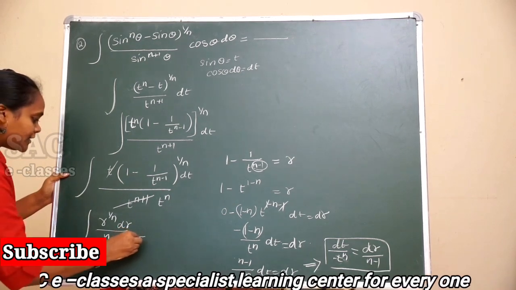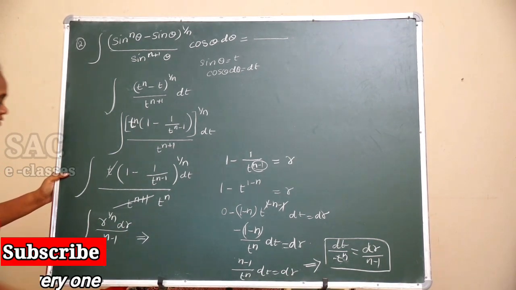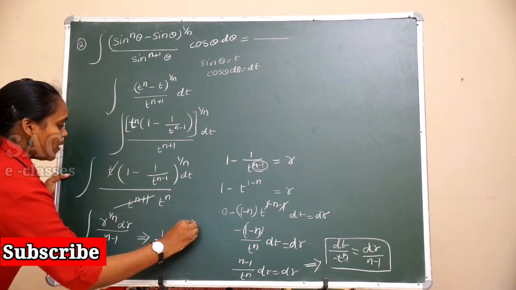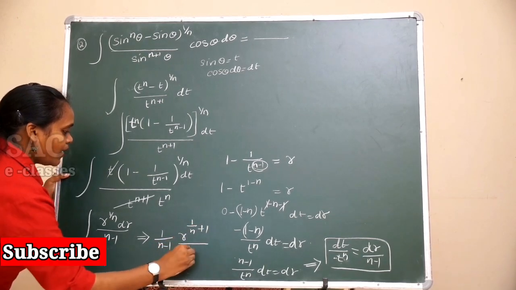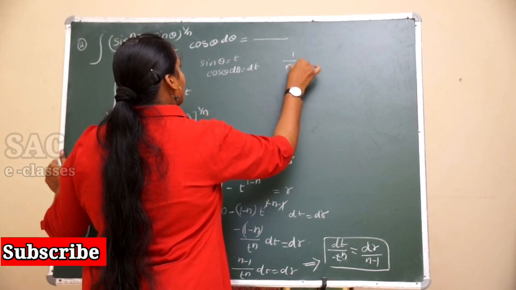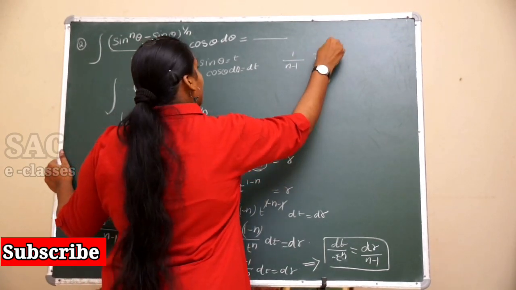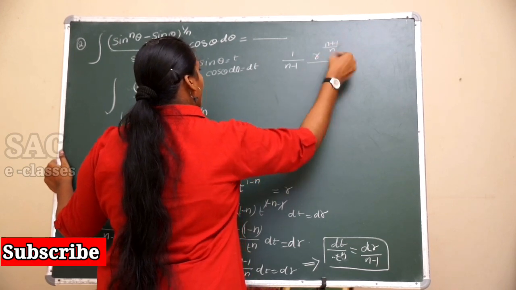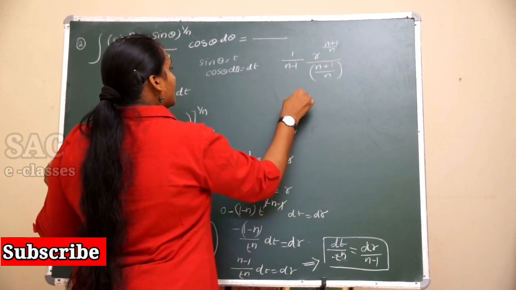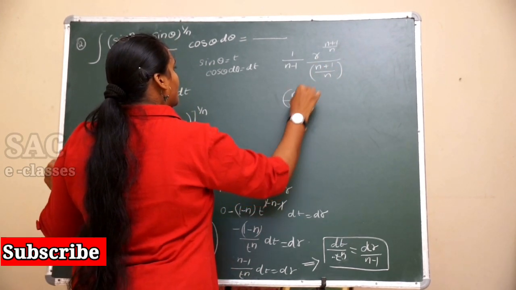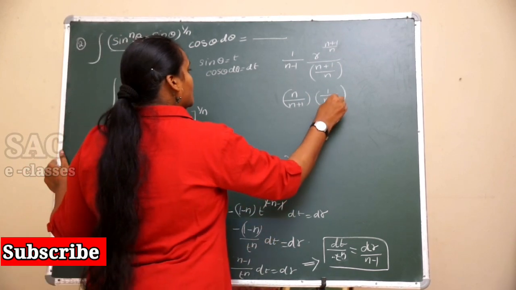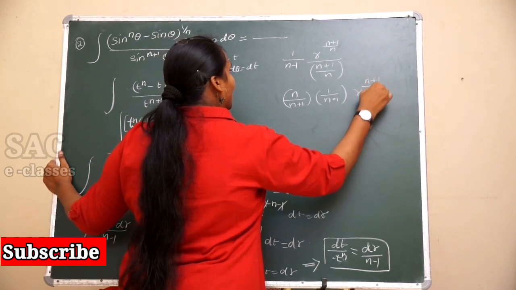You can go for the integration now, that is 1/(n − 1) into r^(1/n + 1)/(1/n + 1). Let us simplify this one. Taking the reciprocal, n/(n(n+1))... into already 1/(n − 1) is there, into r^((n+1)/n) plus c.